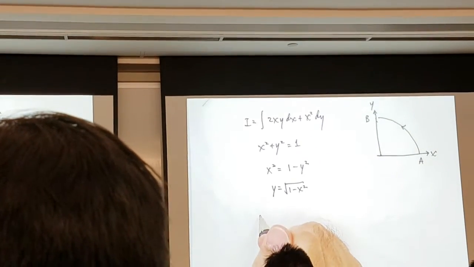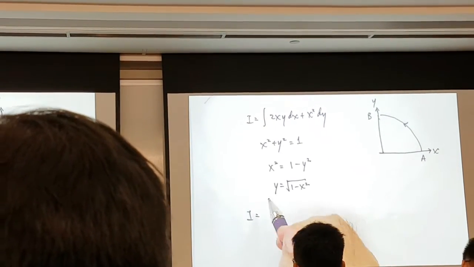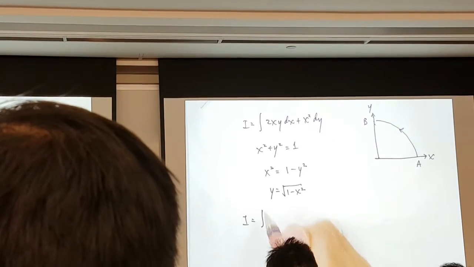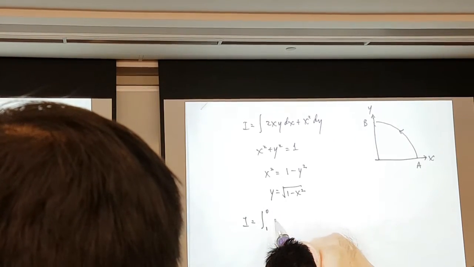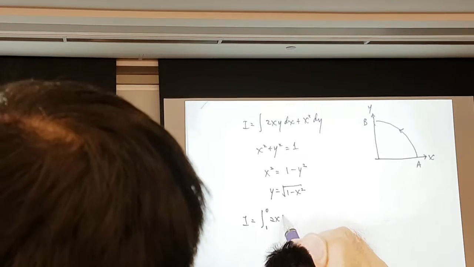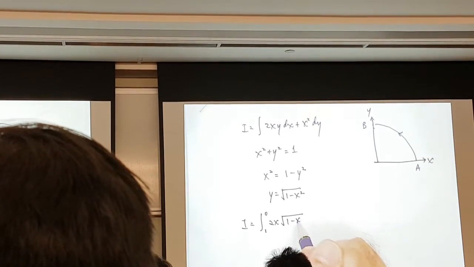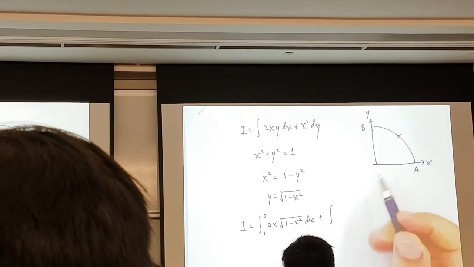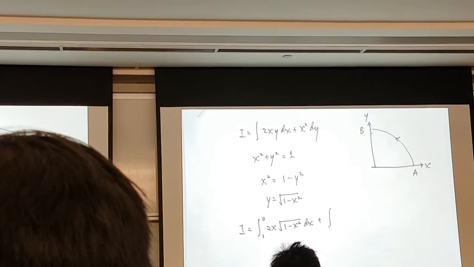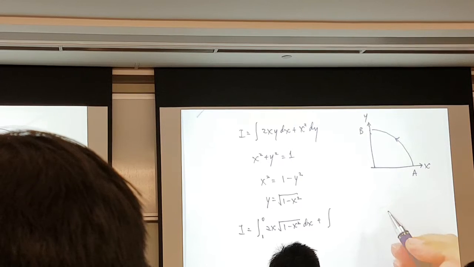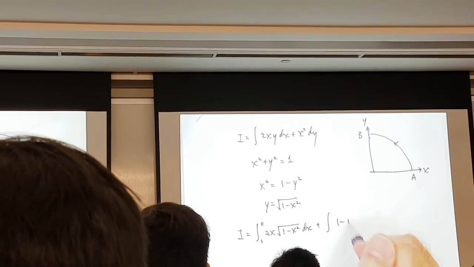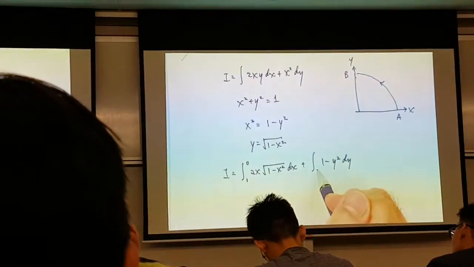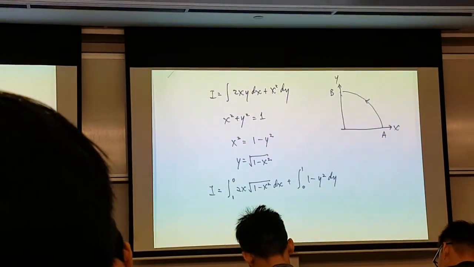So if we follow the line integral in that way, because x goes from 1 to 0, what you have here is 2x times the square root of 1 minus x squared, dx, plus, for y, because x squared equals 1 minus y squared, dy. So it's actually straightforward. This will be from 0 to 1.